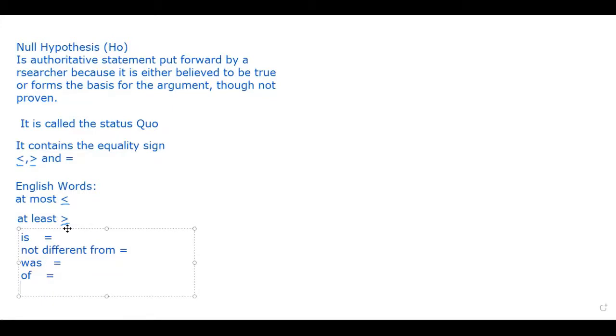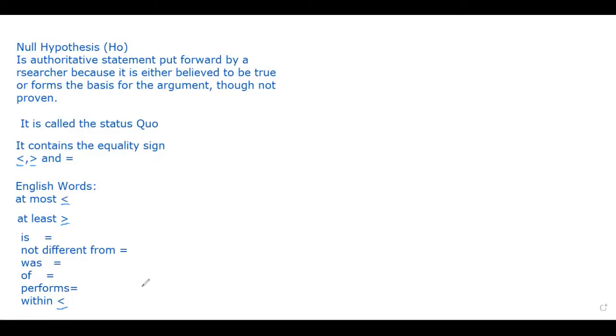We have "performs". And you see "performs" is talking about the null hypothesis, equal sign. And we have "within". Within two is less than or equal to. So within means it's within this range. So within two is less than or equal to. Okay, so these are the English words that will help you identify that a particular hypothesis is null.